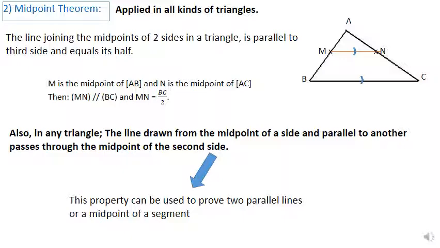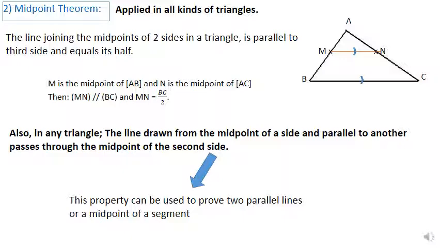This property, no. Any triangle, if you join the midpoints of the two lines, it's always parallel to the third line and equal its half. So the first time we found M, which is the midpoint of AB, then we found N, the midpoint of AC. Joining MN together, you'll find that MN is parallel to BC and equal its half.